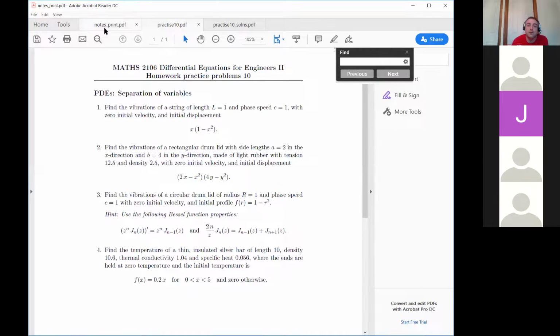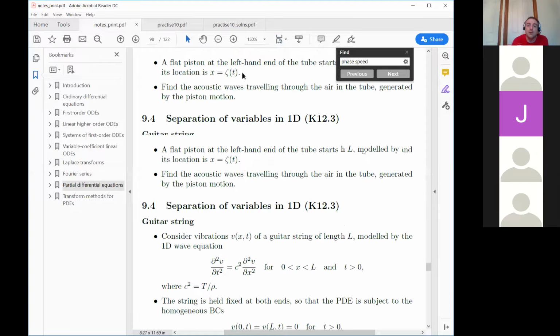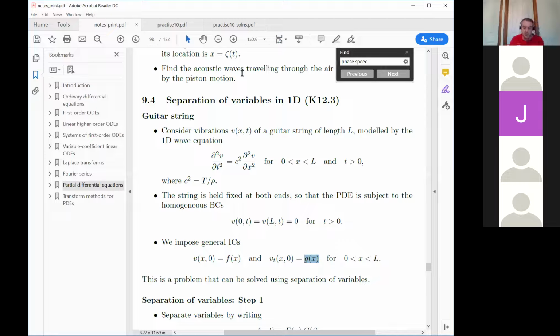So according to the notes, the one-dimensional wave equation is this. Let me just write that down and then I'll skip to my screen.